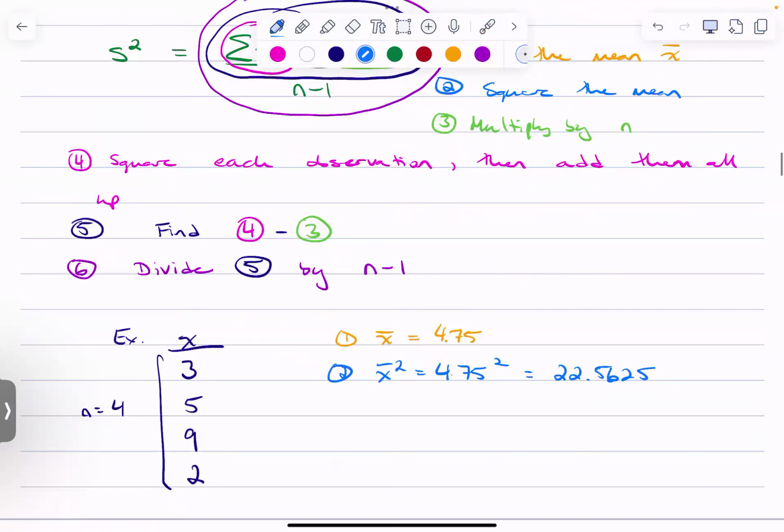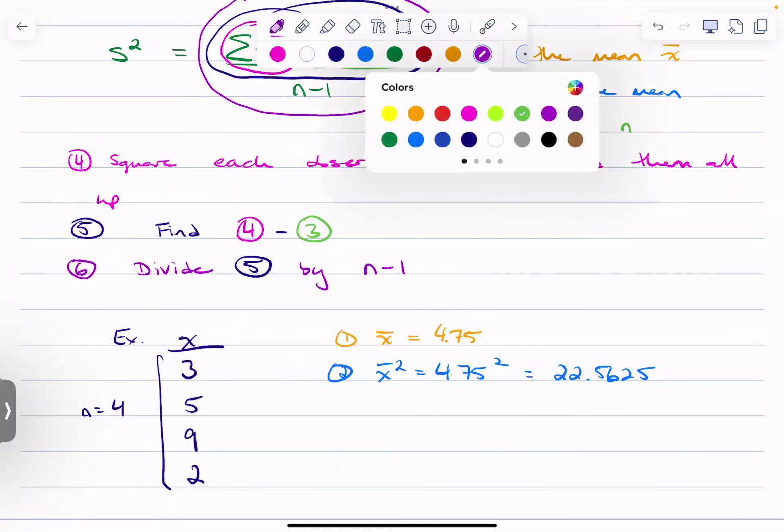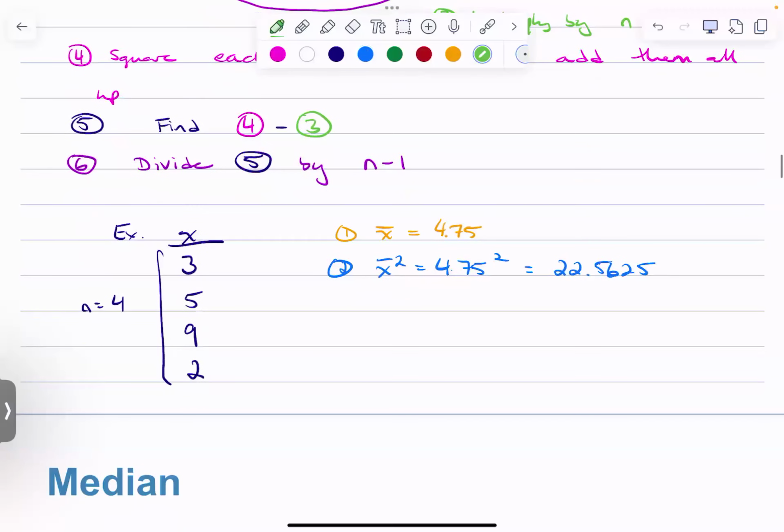Step 3 is n times x bar squared, which is 4, right?